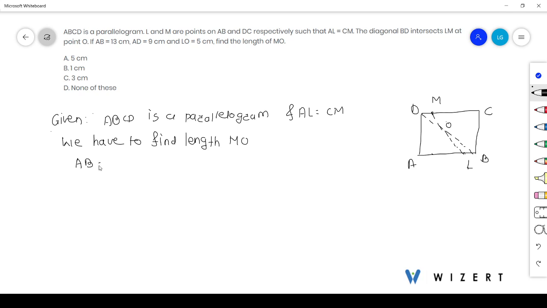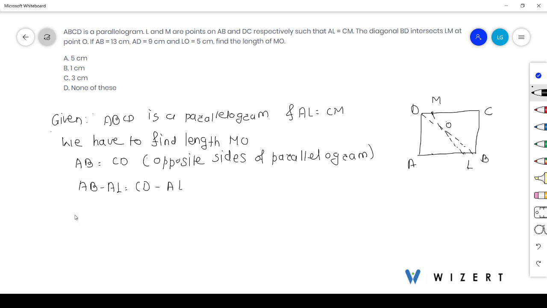Now AB equals CD because these are opposite sides of a parallelogram, so these are equal. Then subtract AL from both sides, we get AB minus AL equals CD minus AL.